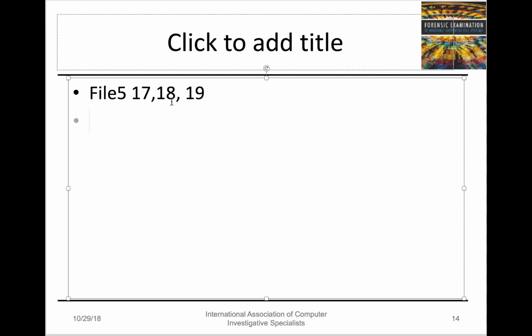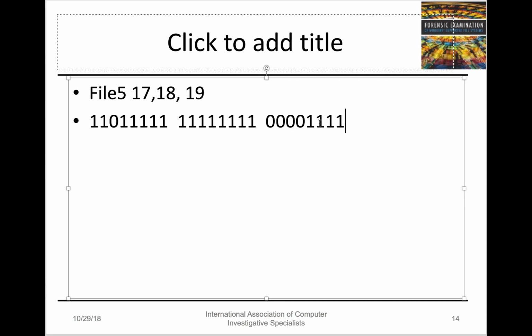So remember we had DF, so 1, 1, 0, 1, and then FF. So before, 17, 18, and 19 were all 0s, now they're going to be 1s. So this first one was already a 1 because that was 16, 17, 18, 19. Now they flip all over to 1s when we add this new file.